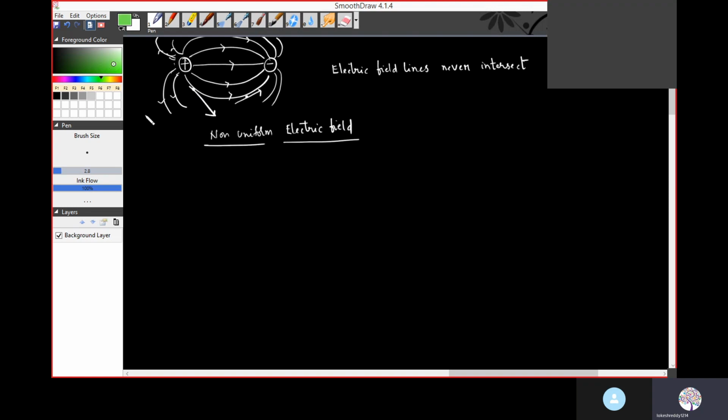Now, if it is for a continuous body, say for example you have a conductor with charges like this, this is a continuous body, right? If you place a positive charge here, it will move in this direction, in this direction. So now the field lines are equally spaced.